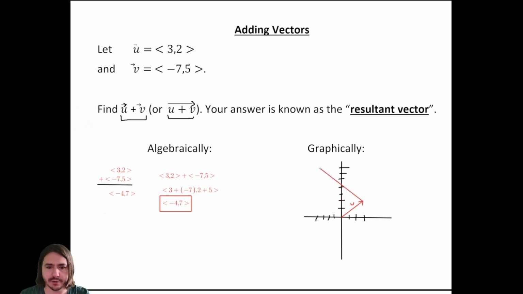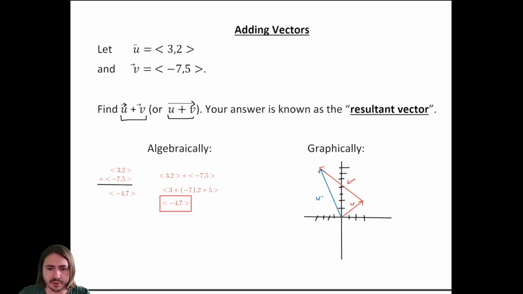Here's vector v. When I add them together, the resultant vector will be in standard position, meaning it starts at the origin, and ends at whatever point we ended up with. That's what I'm pointing to. So this is going to be over here, u plus v.